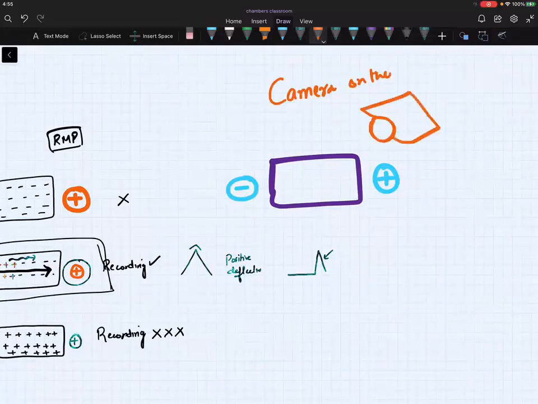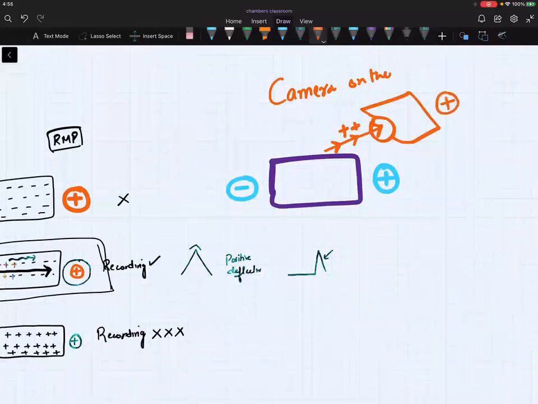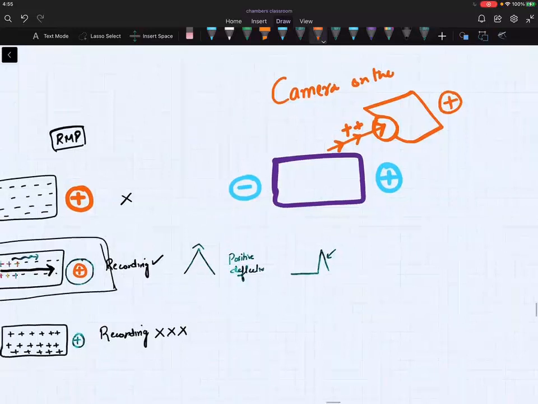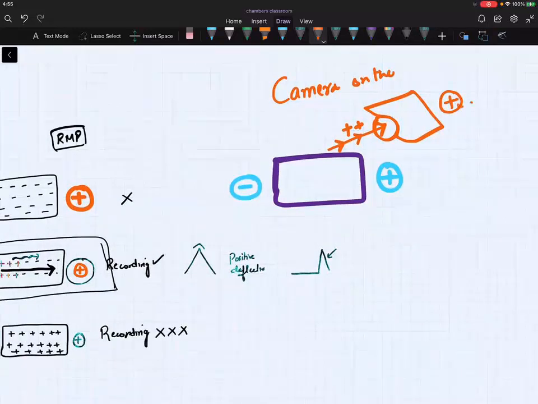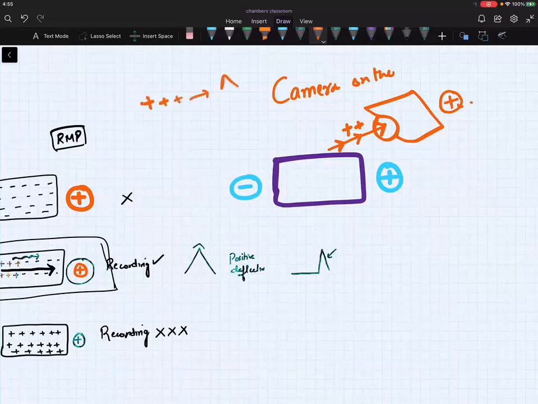If current is going towards you, you should say, I am a positive deflection. If something is moving towards the same electrode, you should say a positive deflection. So can I say depolarization is a positive wave? That's why it will be recorded as plus. Up. So the deflection will be up.